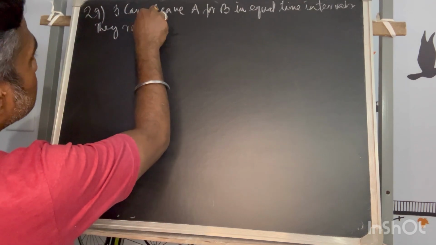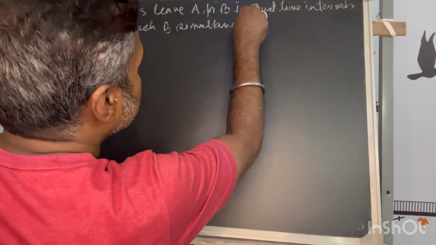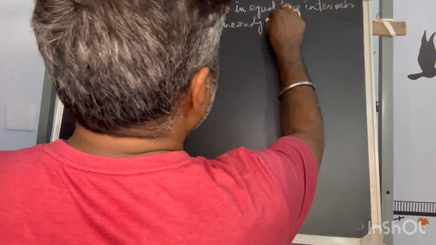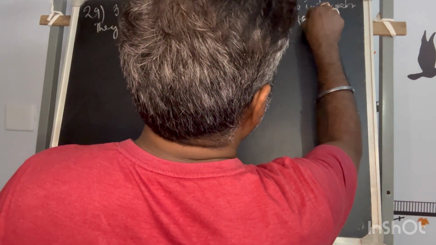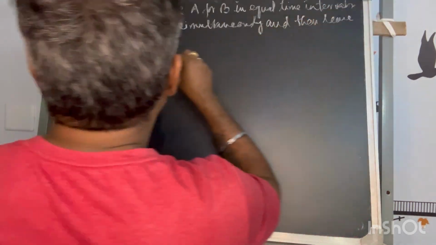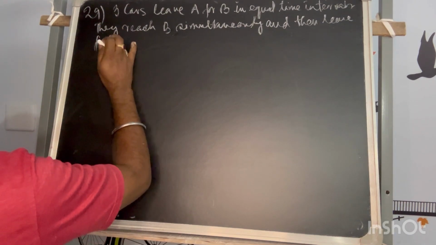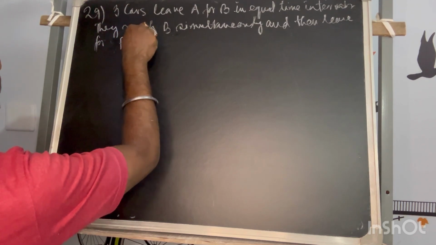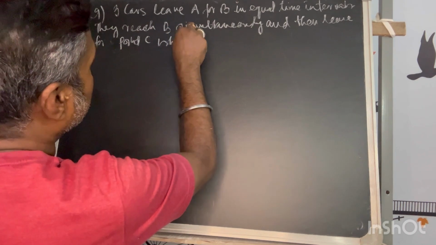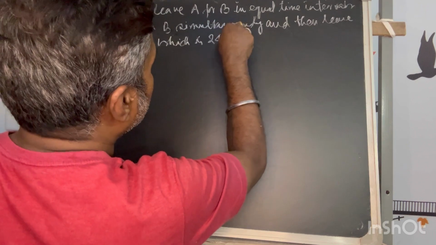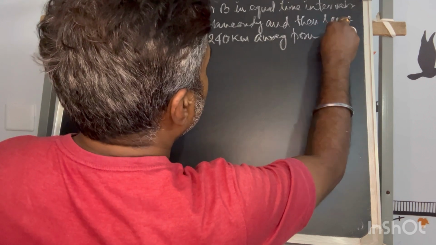They reach B simultaneously and then leave for point C. This is another point C, which is 240 kilometer away from B.